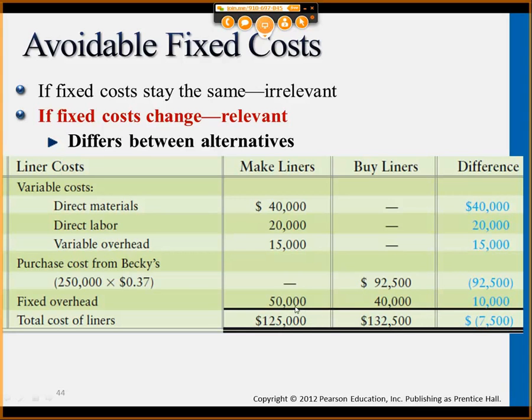If you have your total cost of liners at 125,000 here and at 132,500 when we're buying, you would prefer making them. So here we were taking into account relevant data, and we were looking at the fixed costs that are changing because they're relevant to us.